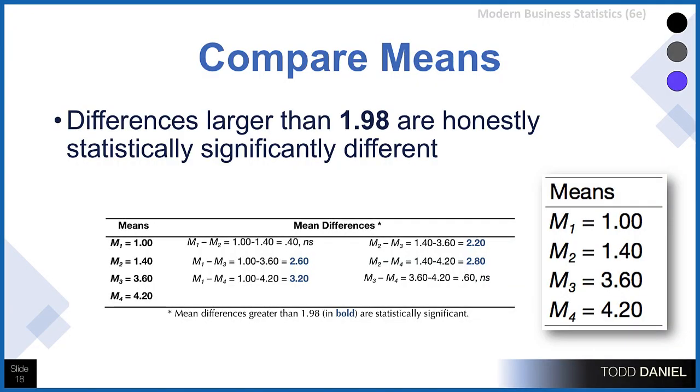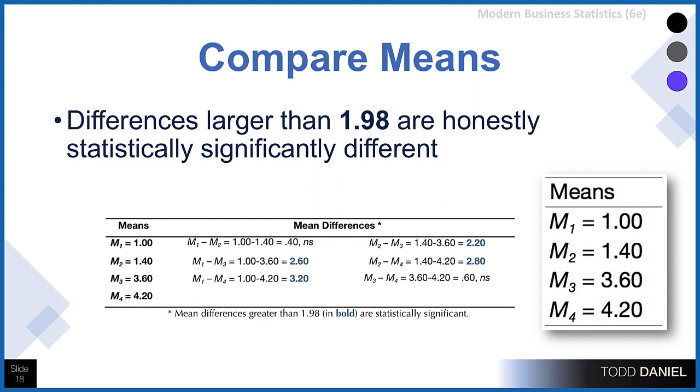Here's how you interpret that. We look at each of the means, and the good news is they're presented to us in a table, so it'll be really easy to make these comparisons. And we take each mean, we can subtract it from the next, and find out what's the difference between them. So for instance, we would start by mean 1 minus mean 2. What's the difference between them? Is it more than 1.98?